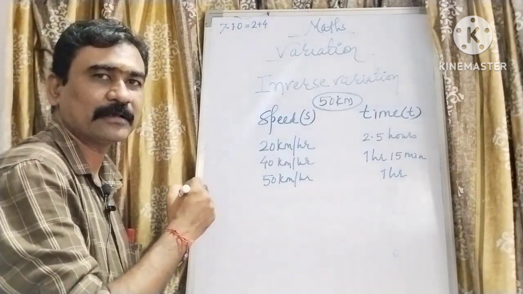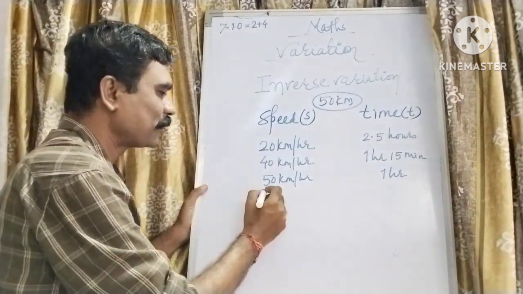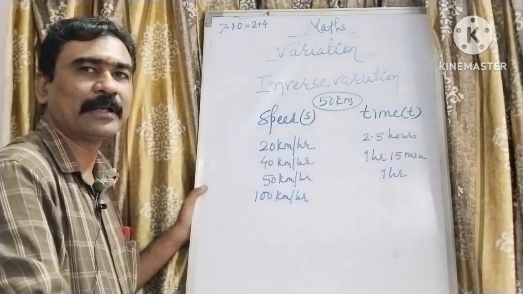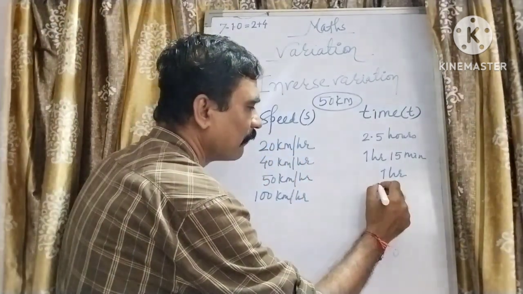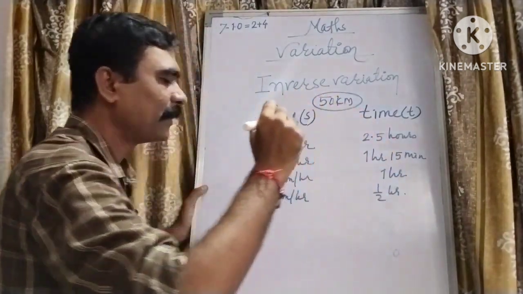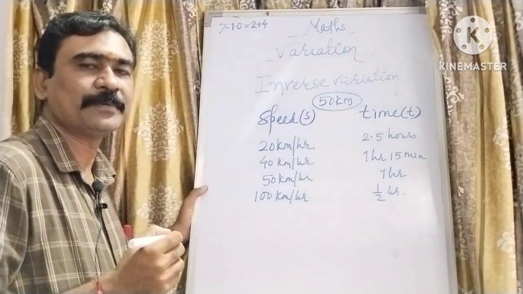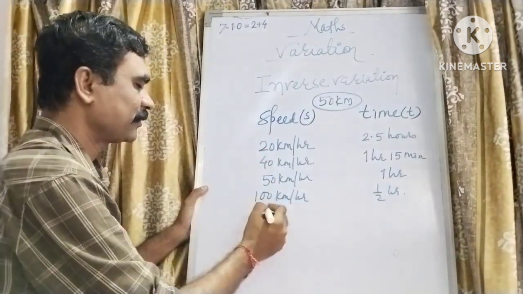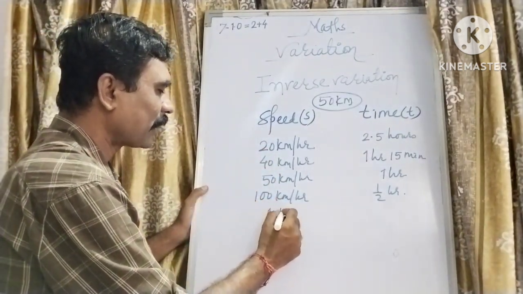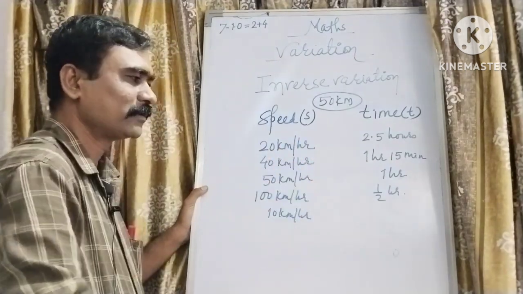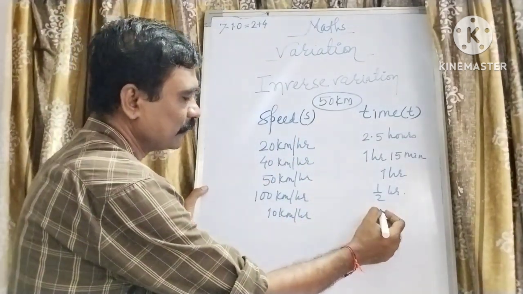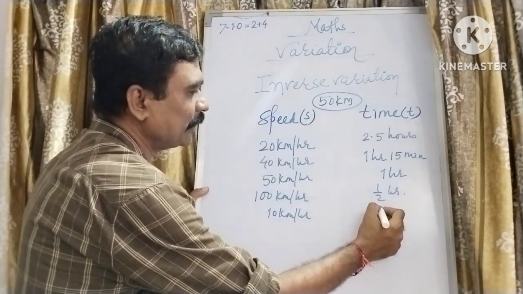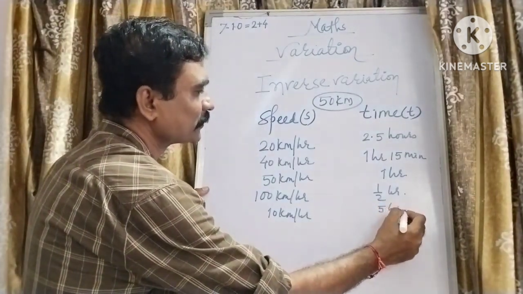Again you increase your speed, suppose 100 kilometer per hour, then you will require half an hour. Now if we decrease the speed, suppose 10 kilometer per hour, you need 5 hours.